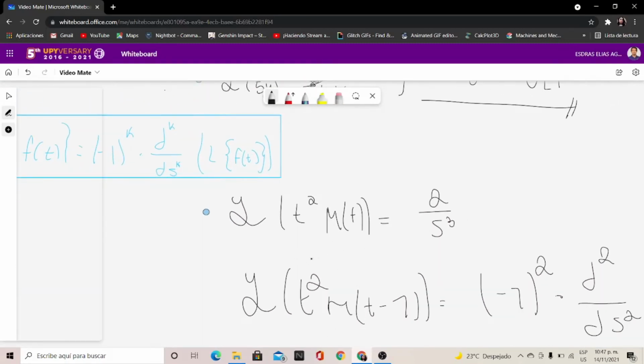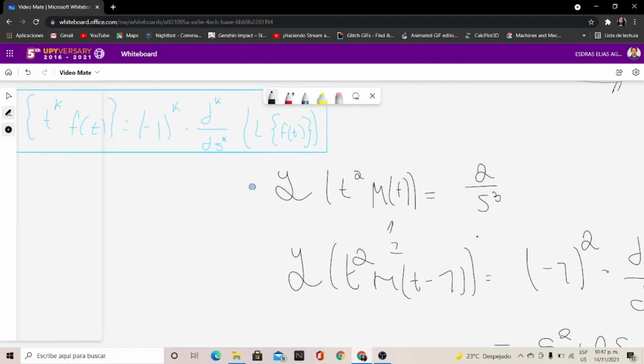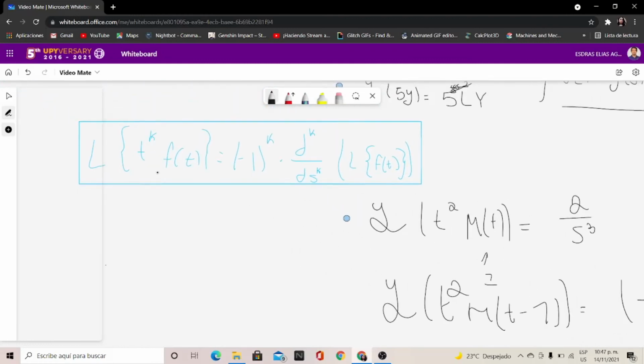For the first term, t squared times 1 is t squared, so we just apply the Laplace transform to t squared. The formula is well known: 2 over s cubed.